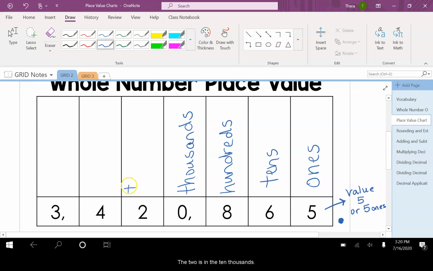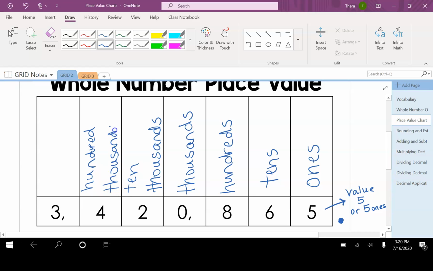The 2 is in the 10,000s. The 4 is in the 100,000s. And the 3 is in the millions place.